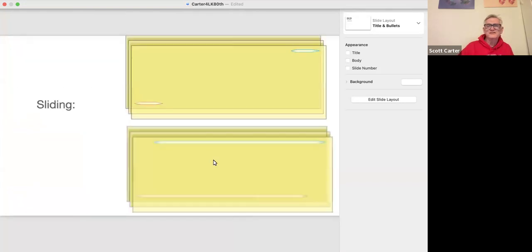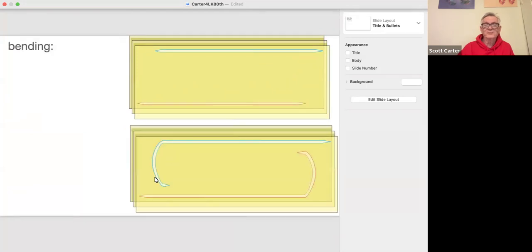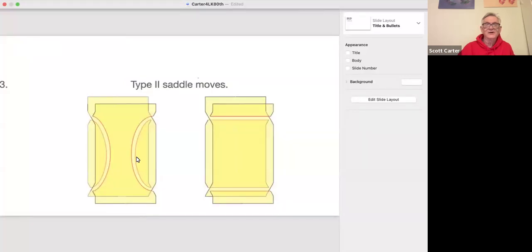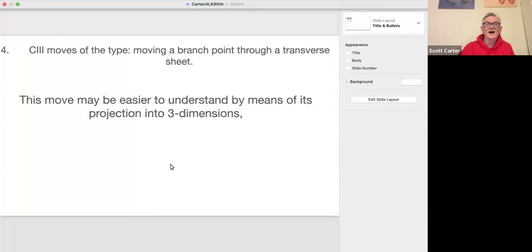There are 2 types of surface isotopies that we're going to have. We're going to have the endpoints of the handles slide past each other, and we're also going to bend the handles around like this. We'll have type 2 saddle moves. These are depicted here. We'll have the C3 move where we move a branch point through a transverse sheet.